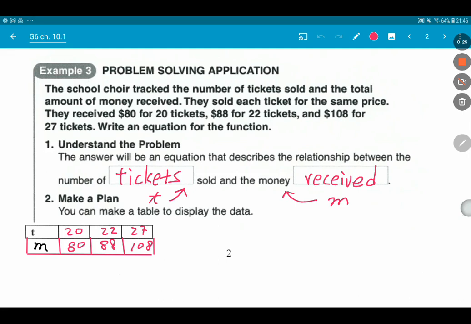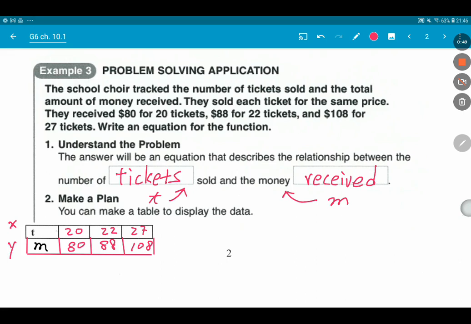In this case, our T is really as if it's an X, which is the input into the machine, into this function. And then our M would be like the Y, which would be the output in our case.